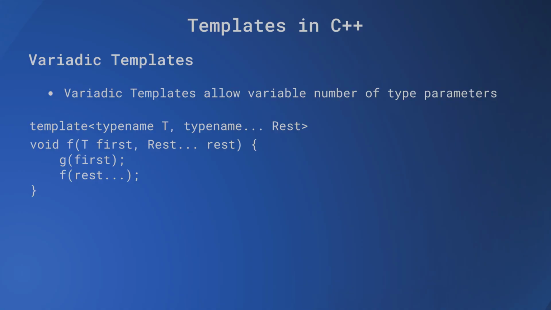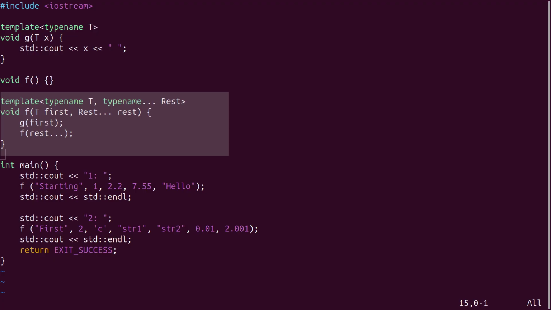Eventually, there are no arguments left and function f is called with no arguments. To take care of that, we have a definition of function f with an empty body, that is void f() with braces, and the recursion terminates.